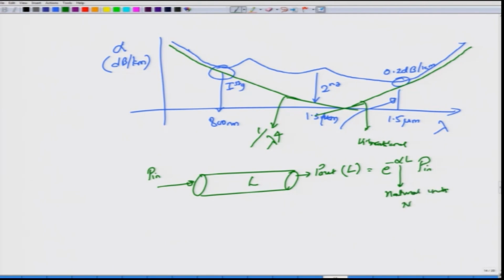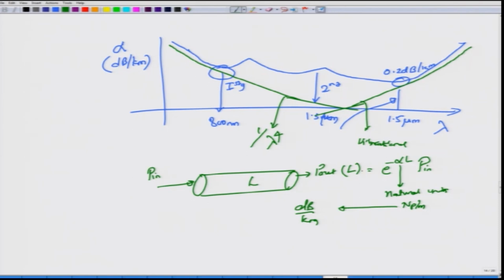Sometimes called Neper per meter, but because it is not really nice to work with Neper per meter, we convert this by multiplying certain quantities into a different quantity called dB per kilometer, because expressing quantities in terms of dB is very useful to us. It allows calculations to be quite simple.